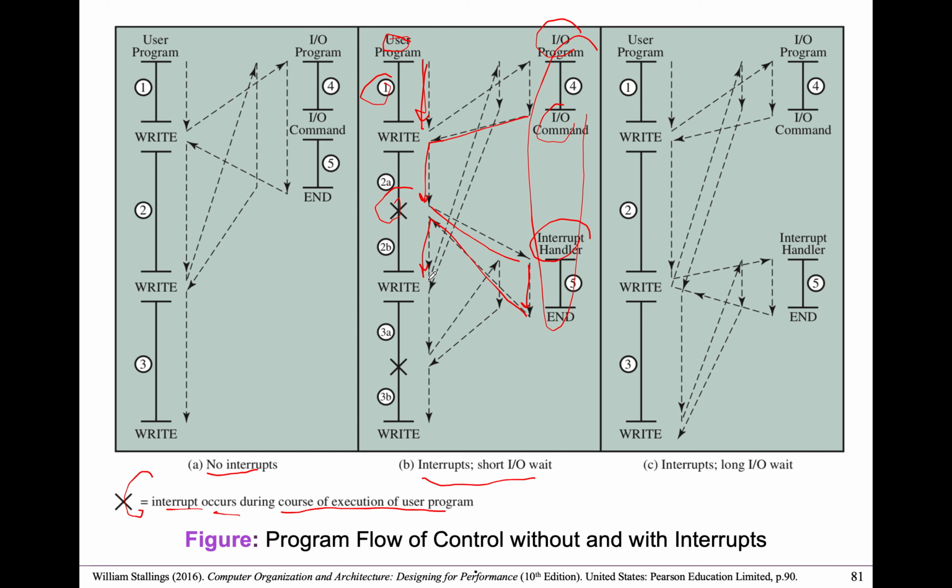After that, maybe something will also occur at the next instruction and so on. You're going to go back to the flow, and then there is an instruction and so on. And this one is only a short input output wait. So this one is a short input output wait.